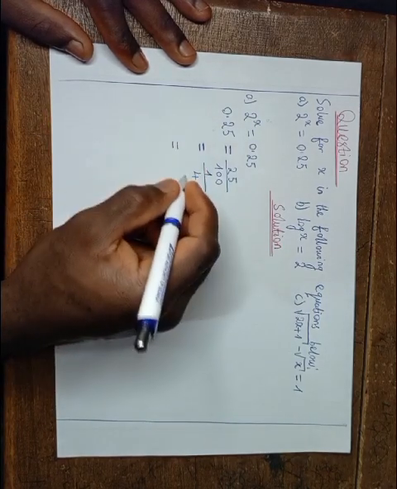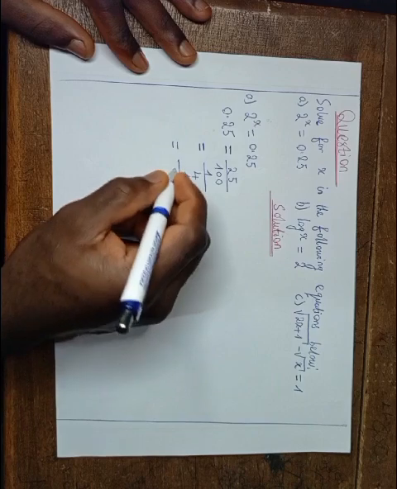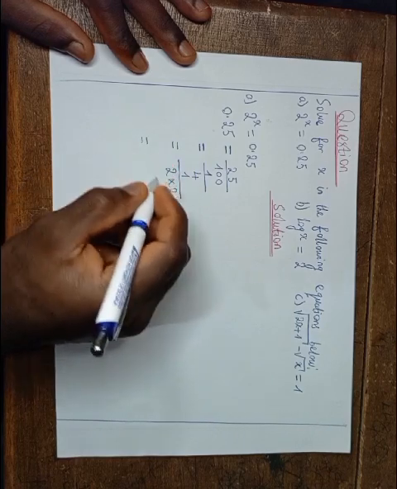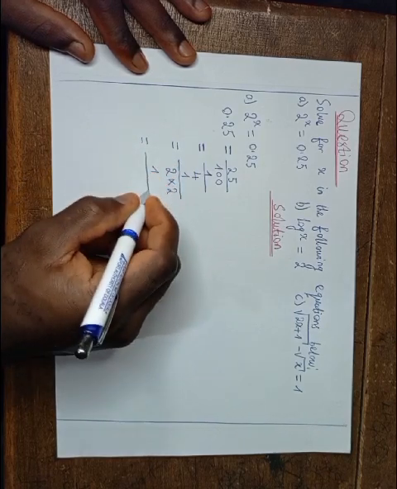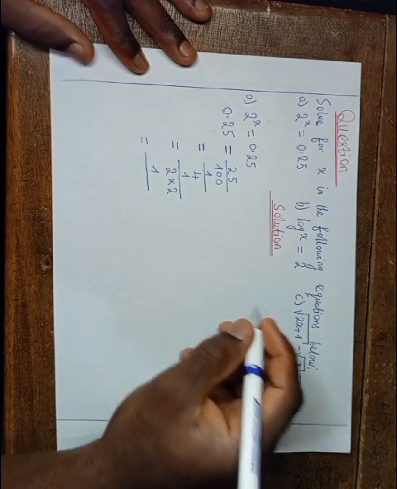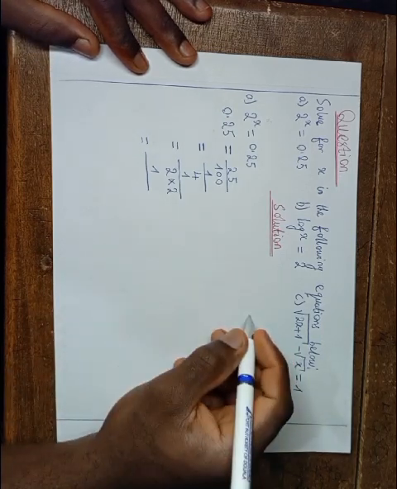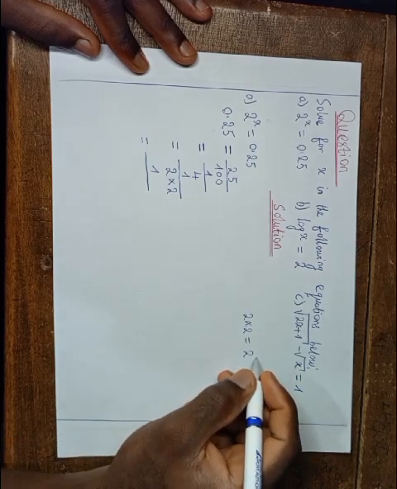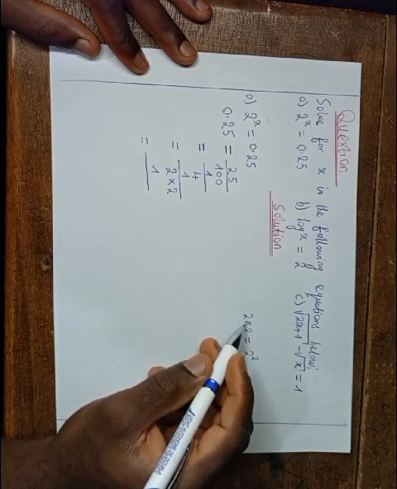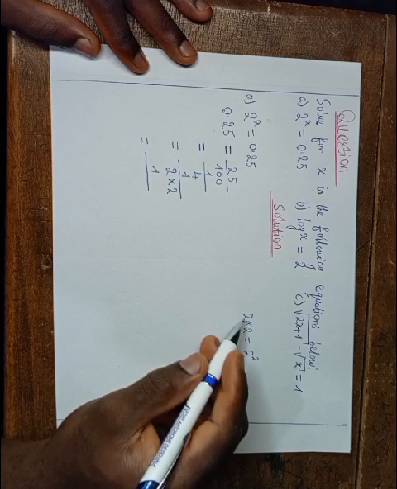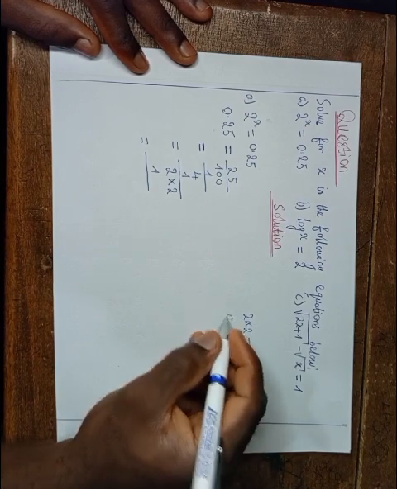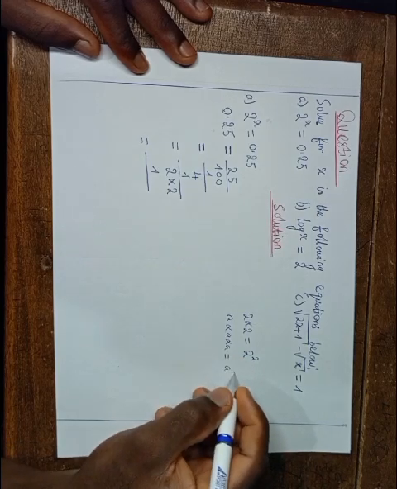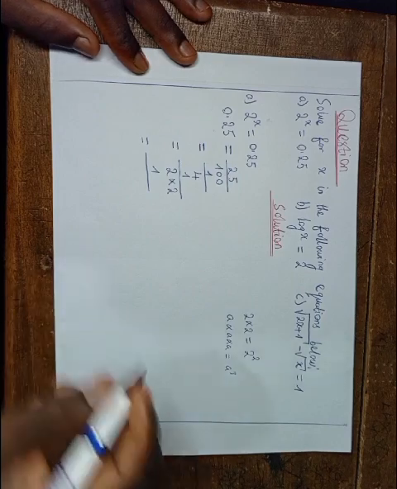Next step, we know 4 can be written as 2 times 2. This will give us 1 all over. We know in indices, 2 times 2 is the same as 2 to the power 2. We are multiplying the number 2 by itself 2 times. Remember, if you have a times a, it's simply the same as a to the power 2.